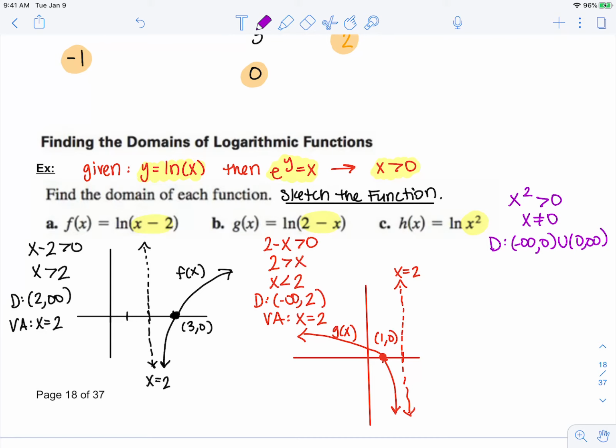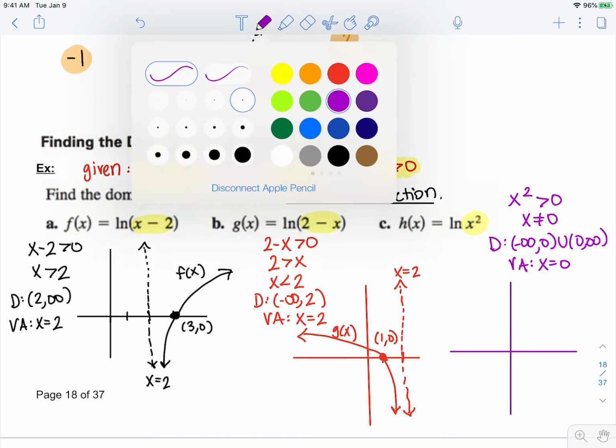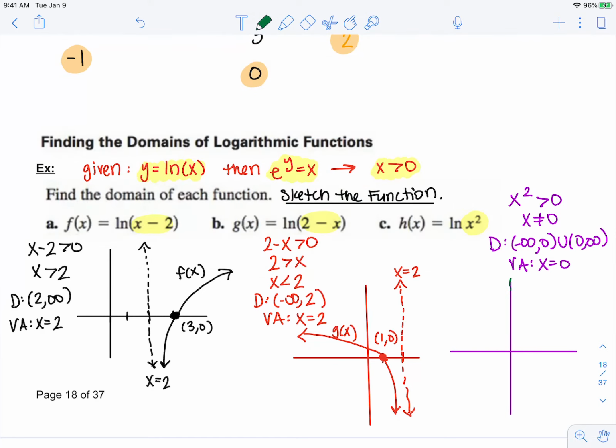So if x can't equal 0, that means my vertical asymptote is at x equals 0. So here's my graph. This is my vertical asymptote, x equals 0.